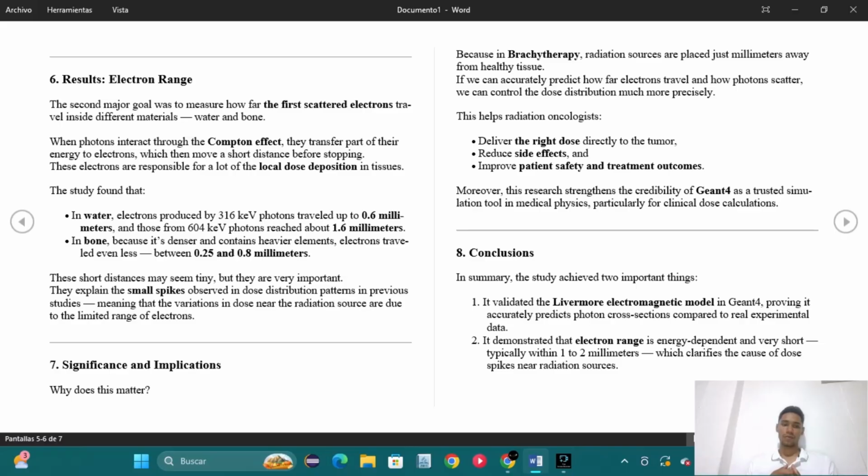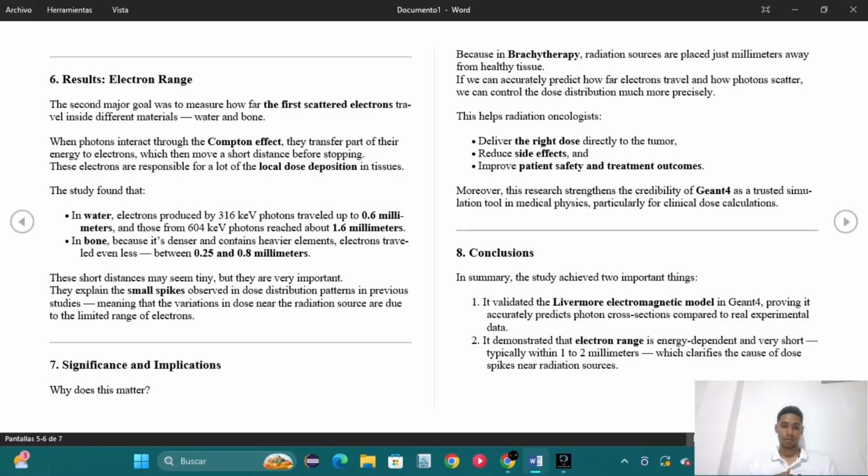The study found that in water, electrons produced by 316 keV photons travel up to 0.6 millimeters, and those from 604 keV photons reach 1.6 millimeters.